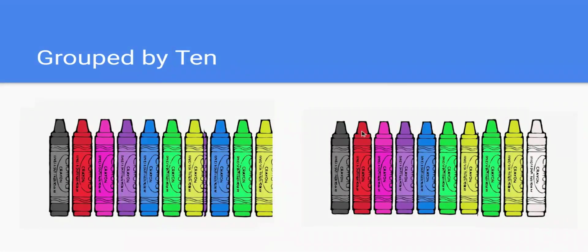We would have 1, 2, 3, 4, 5, 6, 7, 8, 9, 10. We would have two groups of 10. And then we would have the 4 single crayons. Then we would have 2 groups of 10, and 4 singles. We'll pretend 4 crayons are over here on the side, or maybe back in the crayon box.